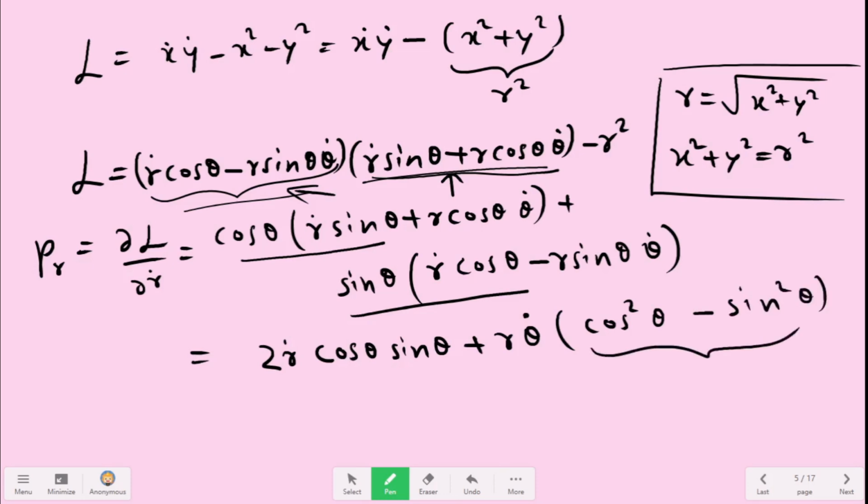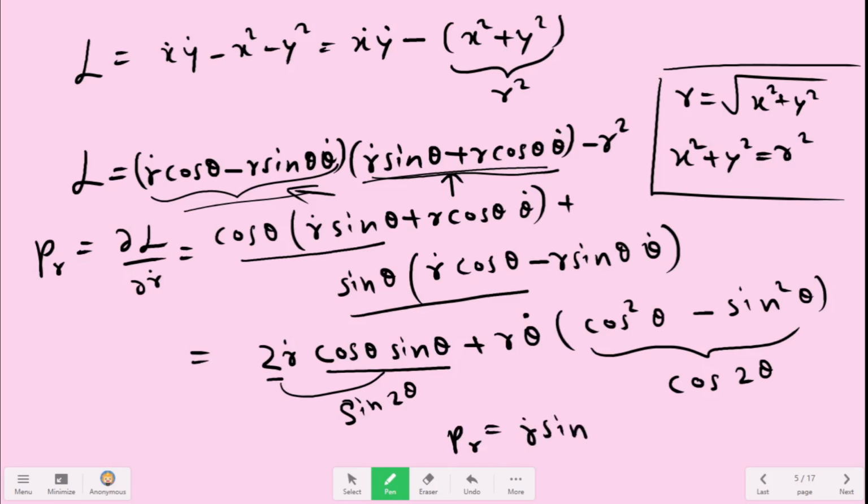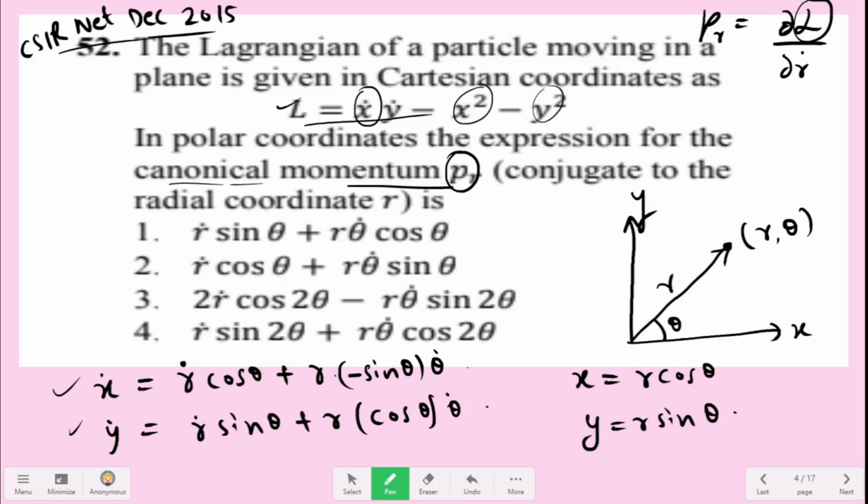Cos square theta minus sin square theta is cos 2 theta, and 2 cos theta sin theta is sin 2 theta. Therefore we have PR is equal to r dot sin 2 theta plus r theta dot cos 2 theta. The correct option here is option 4, r dot sin 2 theta plus r theta dot cos 2 theta.